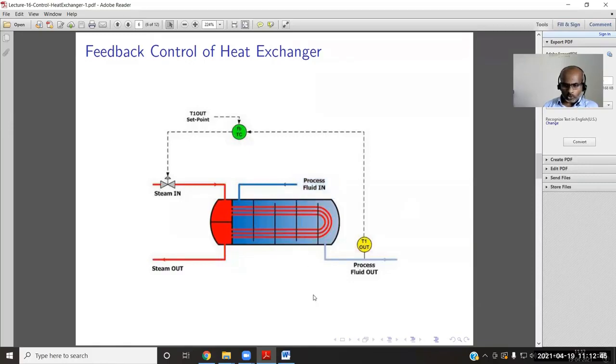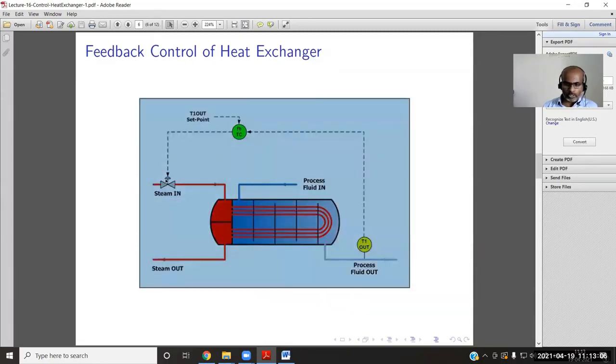Of course, the desired objective is to maintain the outlet temperature of the process. But instead of making this outlet temperature measurement and adjusting the steam flow, which is feedback control, suppose you measure the feed inlet temperature or the feed inlet flow rate and accordingly adjust the steam flow rate, which is feed forward.